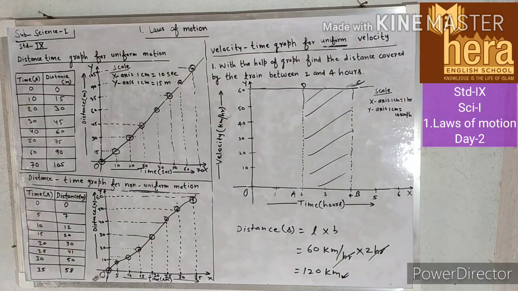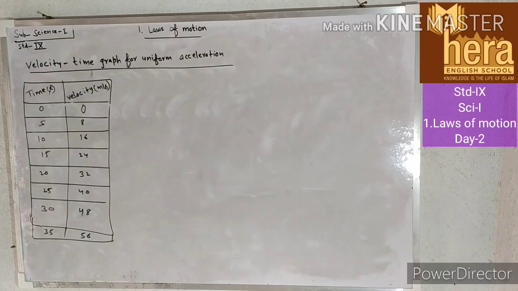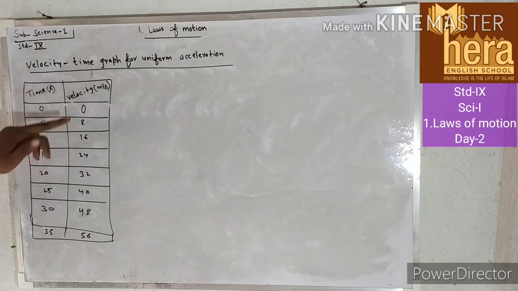Now next graph is velocity time graph for uniform acceleration. Okay. So time is in second, velocity is in meter per second.